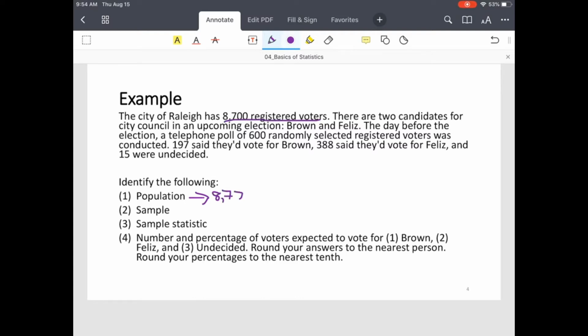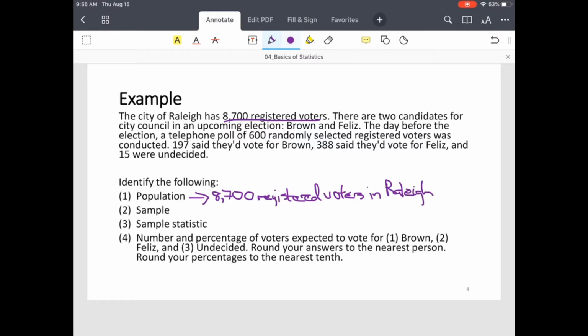So you've got to be very careful about defining your population. 8,700 registered voters in Raleigh.